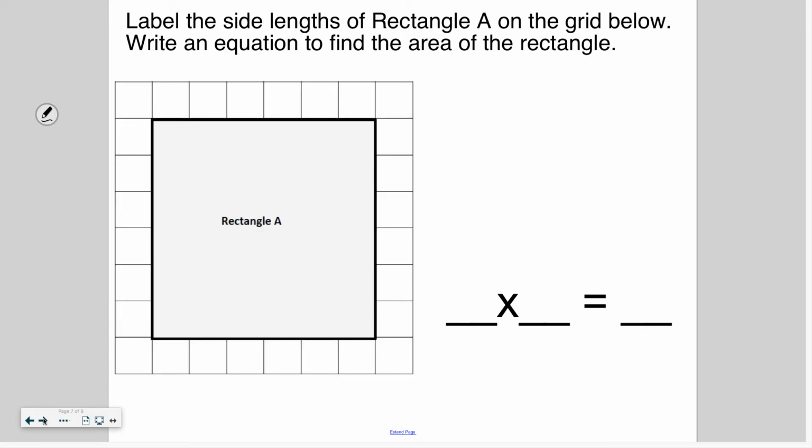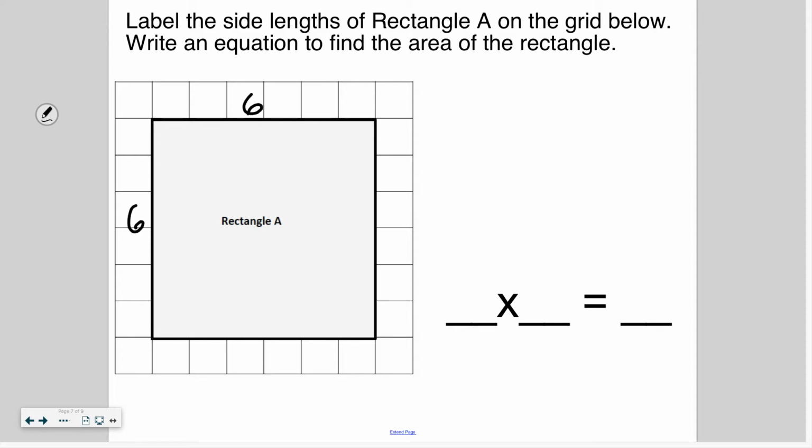So let's try one together. What about this rectangle A? Well, let's go ahead and label the sides. Tell me how long are the sides of this rectangle? So you should have noticed that they're each 6 units long or wide, the length and the width.